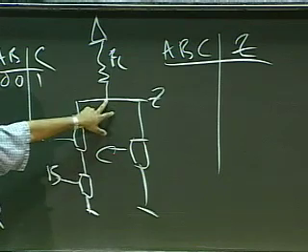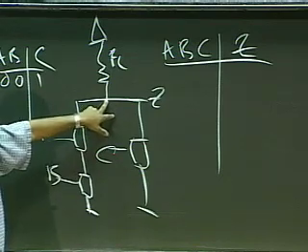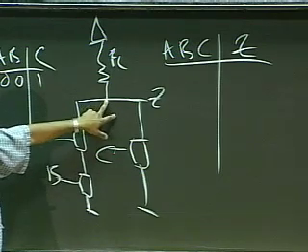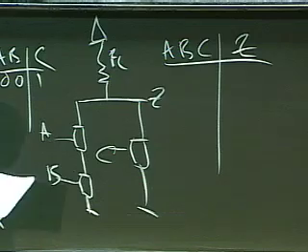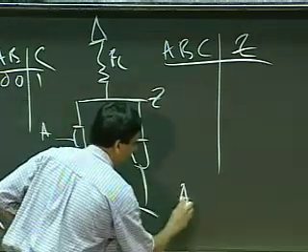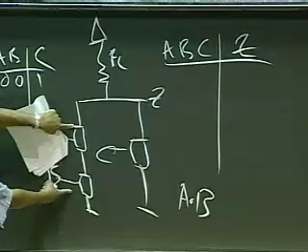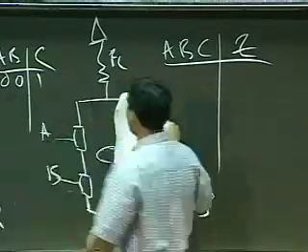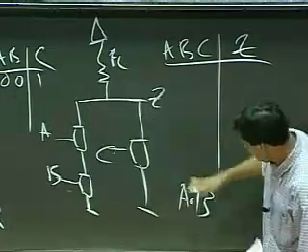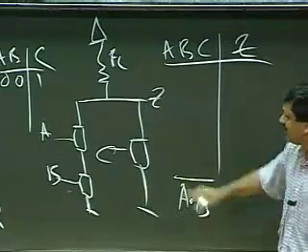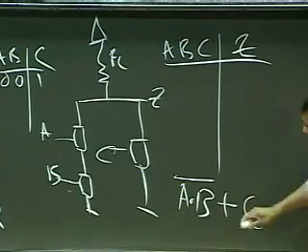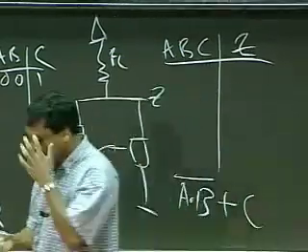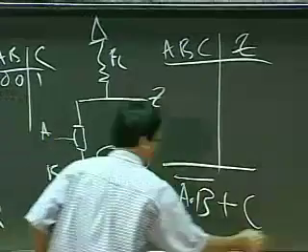Notice that this output here is going to be a high only when both of these are not connected to ground. And if you stare at it some more, this is my AND function. So suppose this one didn't exist, that would be my AND function. But because this one exists, that's in an OR configuration, and so I get a C.